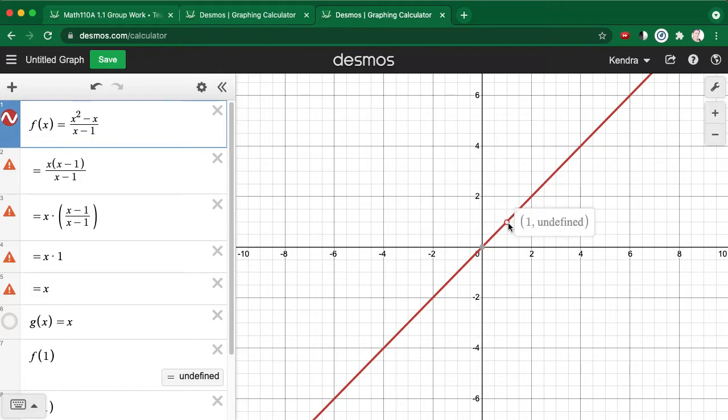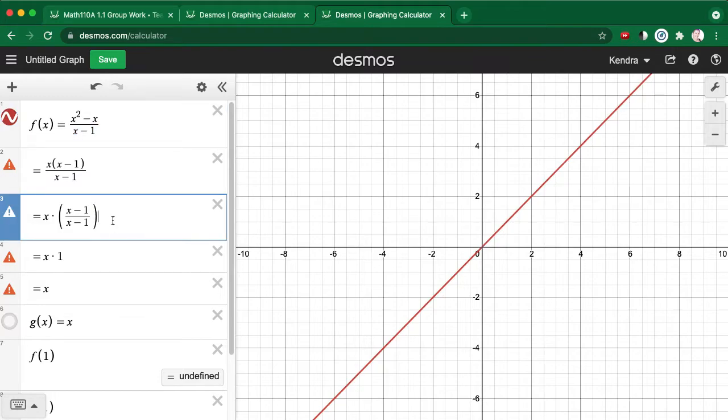So it does show me that hole in the graph, but I kind of have to know to look for it, which is an indication that you can't use the technology blindly. You have to kind of be aware of all of the parts of the math that you're doing. You use the technology to aid you in exploration, but that doesn't mean that you get to ignore the algebra here. So when we see this, we should be very alert that we can't have x equal to 1, okay?